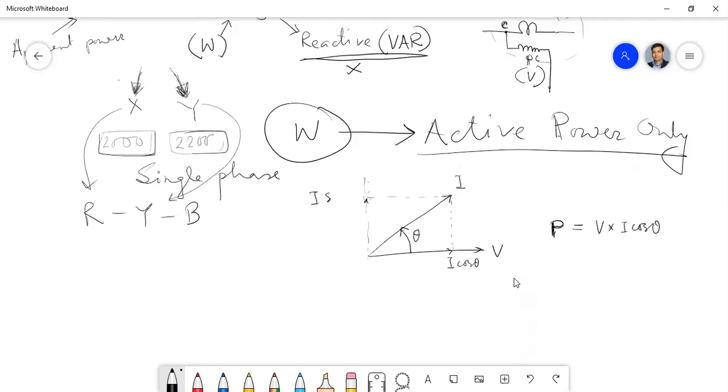And this is I sin theta, and therefore we consider it an imaginary power. And S is basically the complex summation of this.